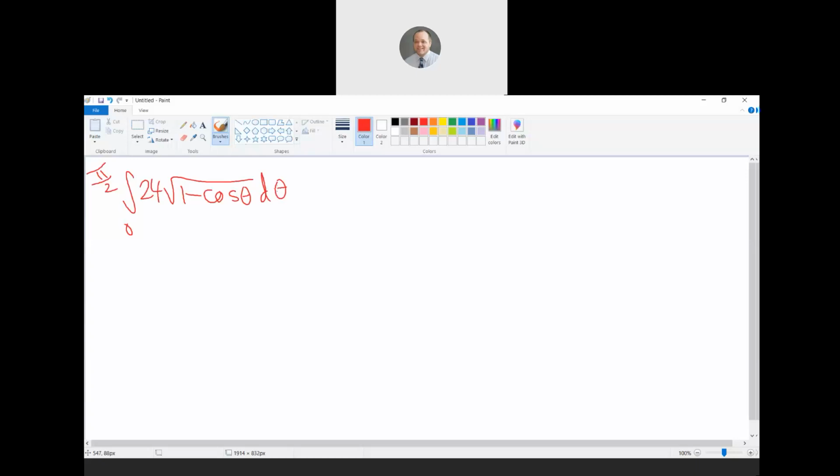Let's see if we can find an identity to help us. There is a half angle identity. Sine of theta over 2 equals plus or minus the square root of 1 minus cosine theta all over 2.